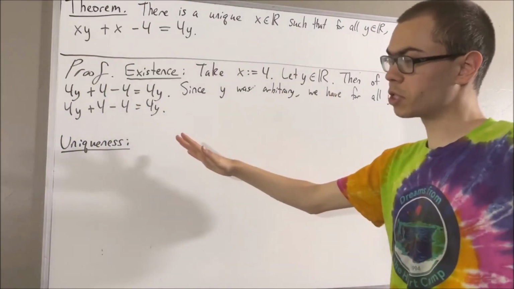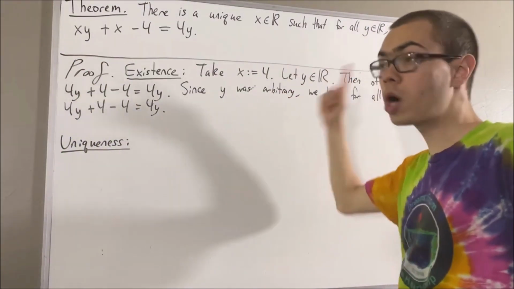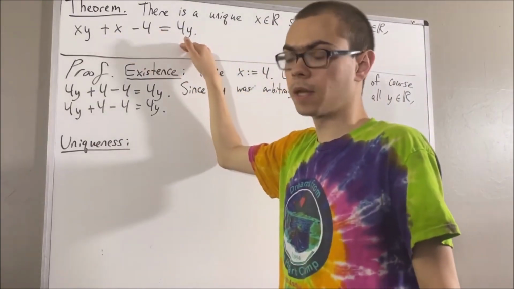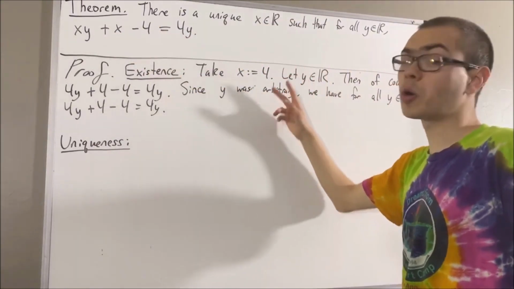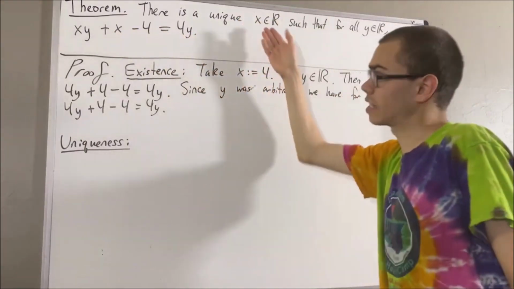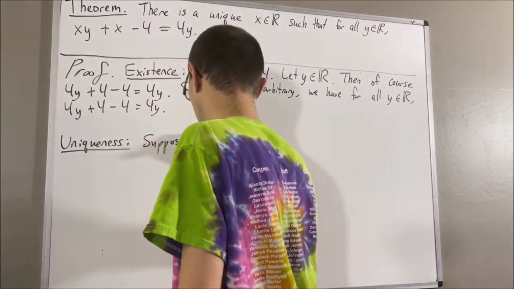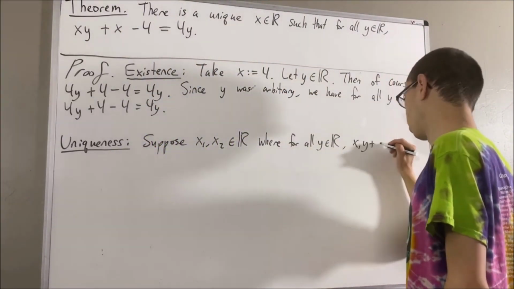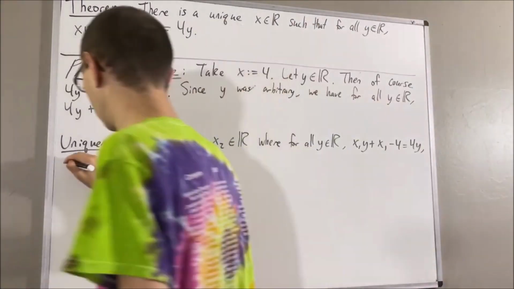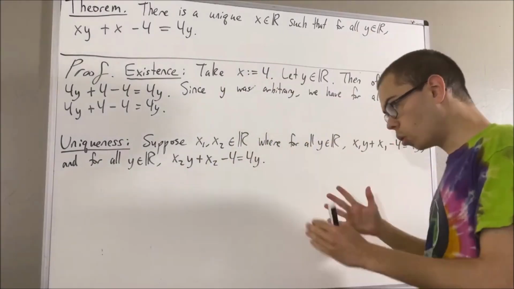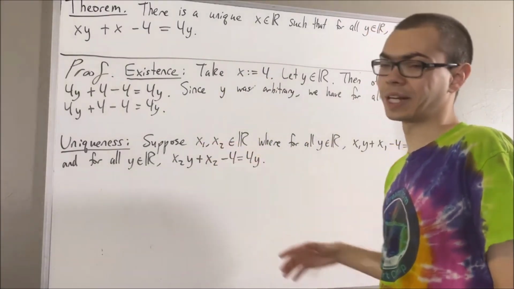Now in the uniqueness portion, we're trying to show that there is only one real number x such that this is true. And to do so, we'll suppose that there are two real numbers such that this is true. Call them x1 and x2. The whole goal of uniqueness is to show that x1 is equal to x2.